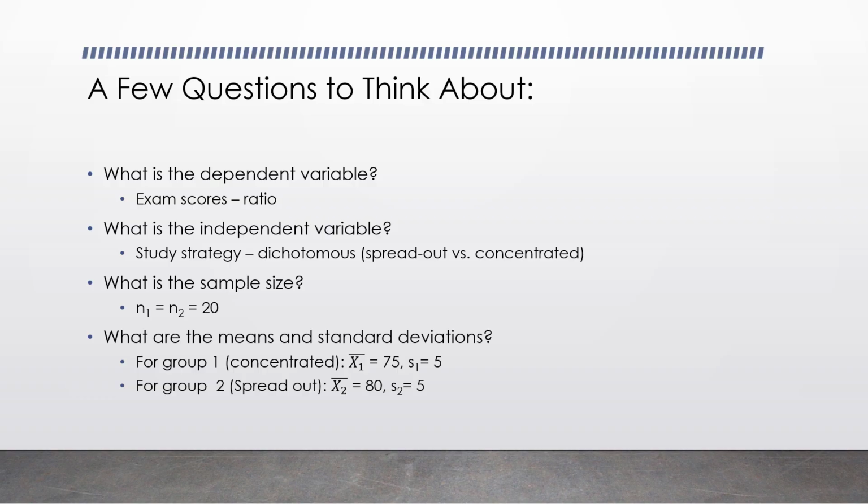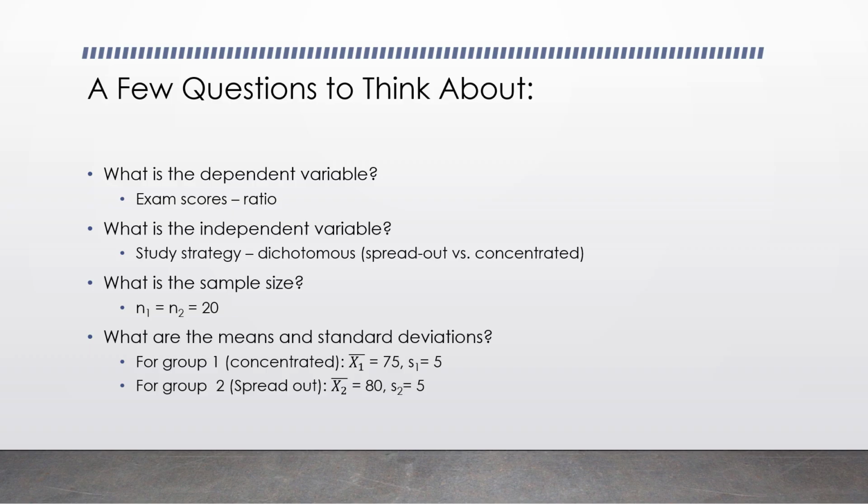First, we need to be clear about the variables. There are two. The first is study strategy, a qualitative variable with two values: spread out versus concentrated. The second is exam score, a quantitative variable measured on a ratio scale.